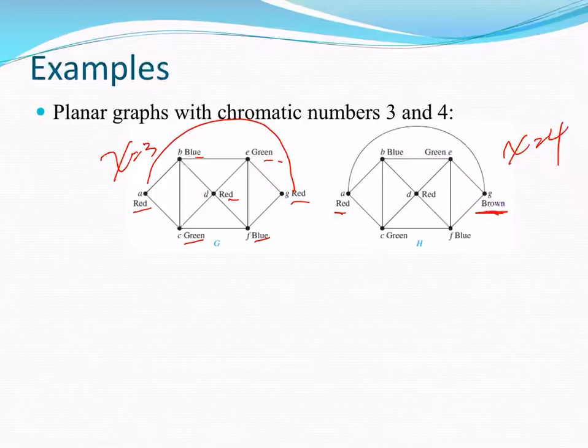But I would never have to add any other colors to this graph if I extended it to make it a larger planar graph. Here I have blue and brown. I could make that red. Here I have green and blue, I can make that brown, and then I can connect these two and be fine.